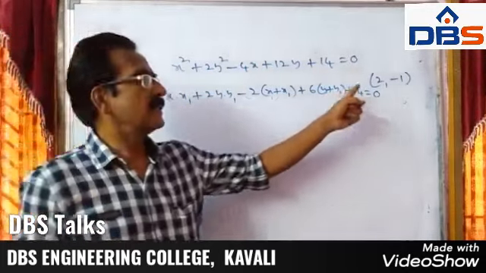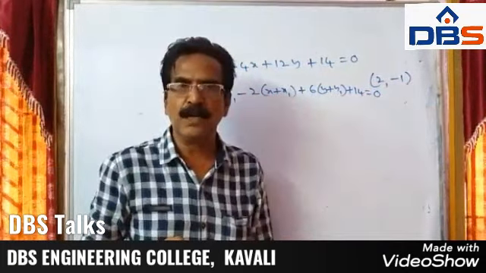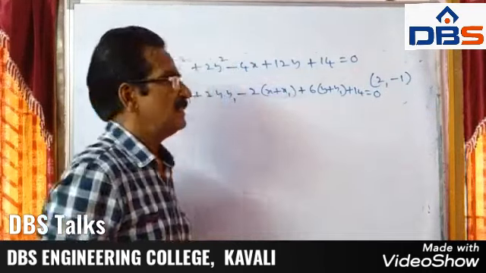This tangent is passing through this point 2 comma minus 1. Let us substitute.